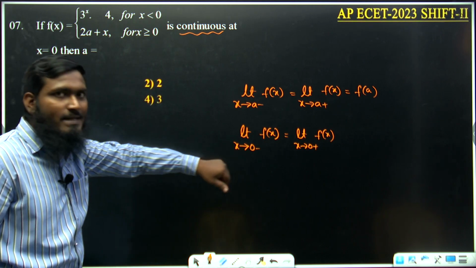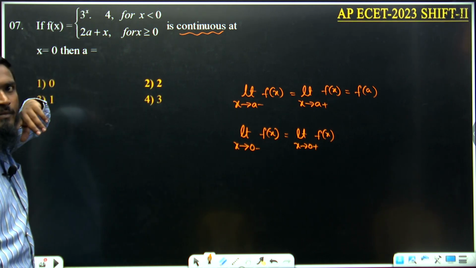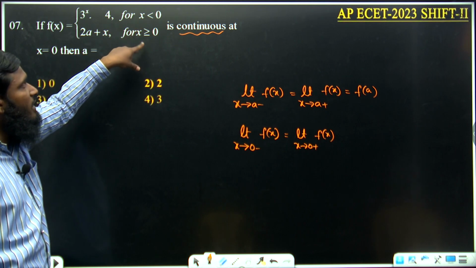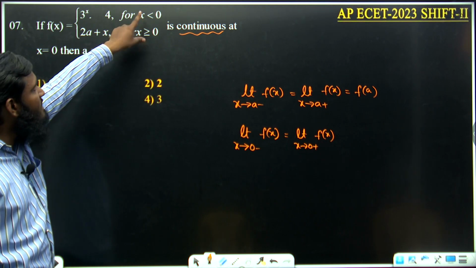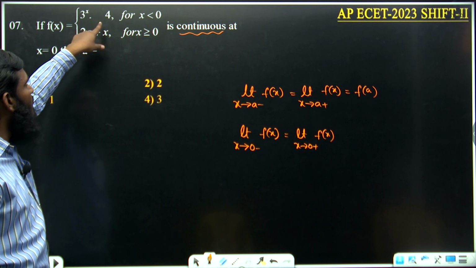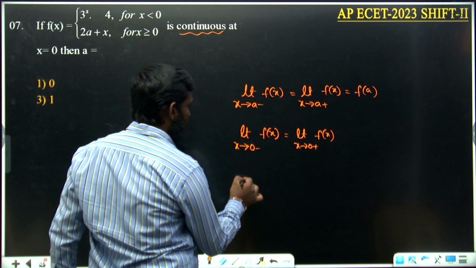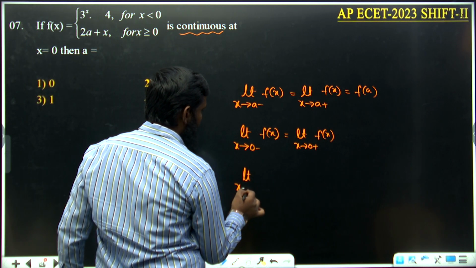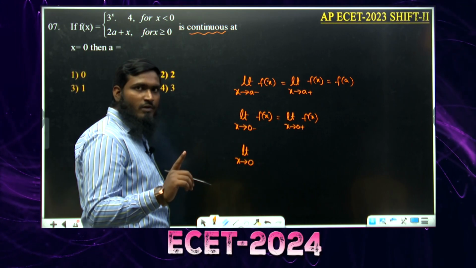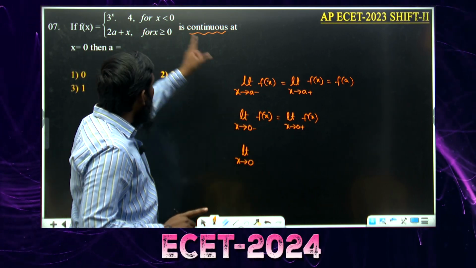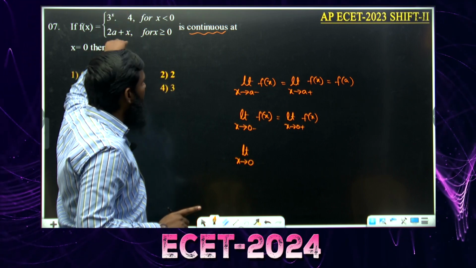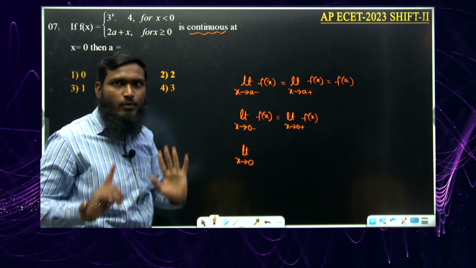Now for 0 minus, which function do we have to take? As it is already given, less than 0 and greater than or equal to 0, less than 0 means we have this function. So let us substitute over here. We write limit x tends to 0, and we are not taking 0 minus, because we are already applying the function depending upon the condition.